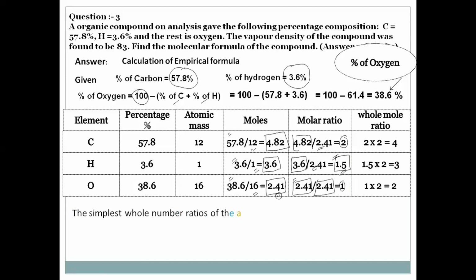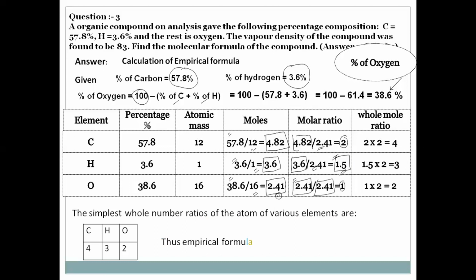The simplest whole number ratio of the atoms of various elements are carbon 4, hydrogen 3, oxygen 2. Thus, the empirical formula is C4H3O2. Now, we will proceed to the next part of this question, that is calculation of molecular formula.